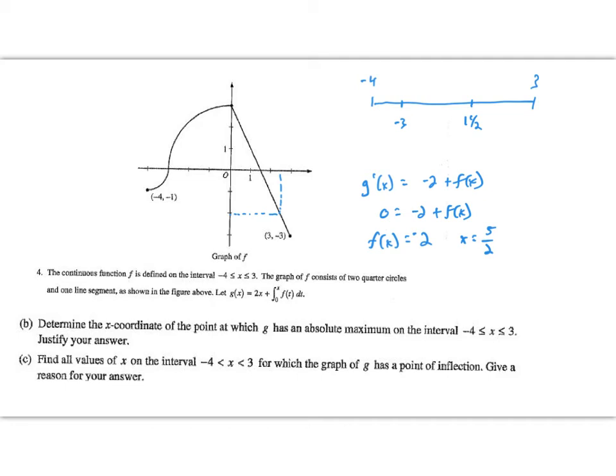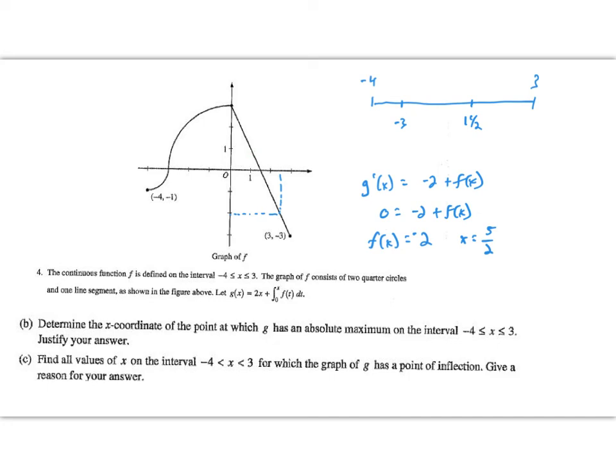All right, now the next part says find all values of x on this interval where we have a point of inflection. And we want to know where there is a change of slope. As you follow along from left to right here, the slope appears to be positive until we hit an x value of 0, and then we have a sudden change from positive to negative, and the slope remains negative all the way to the end.